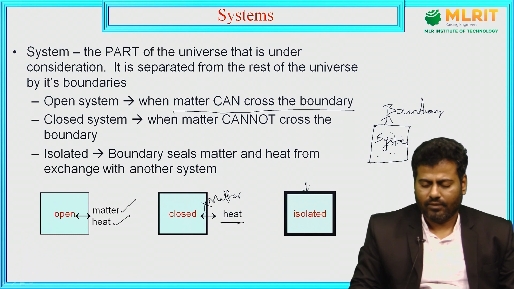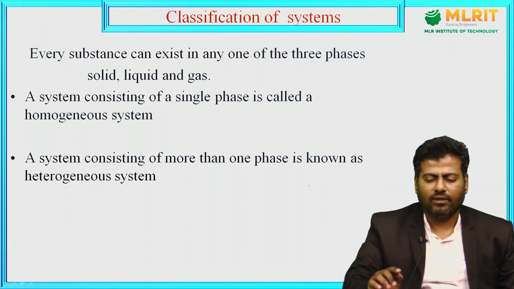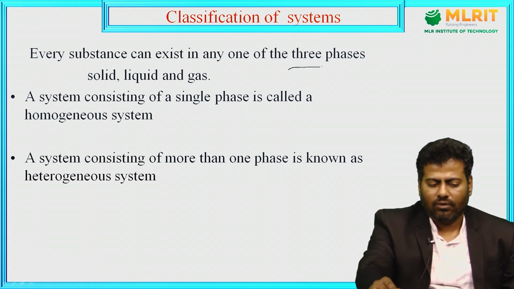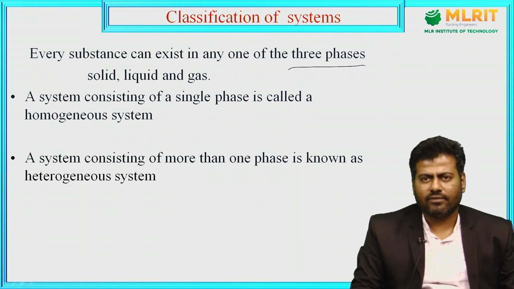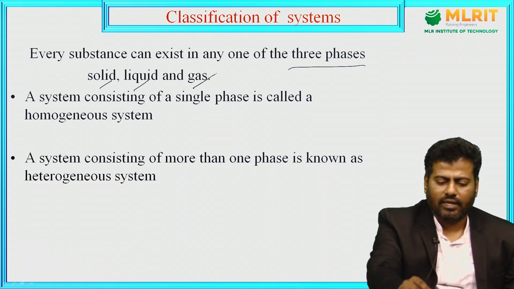After that, based upon the phases of matter, we can classify systems into two types. One is the homogeneous system, and the other is the heterogeneous system. This is purely based upon the phases. Everyone knows that substances exist in either solid phase, liquid phase or gaseous phase.